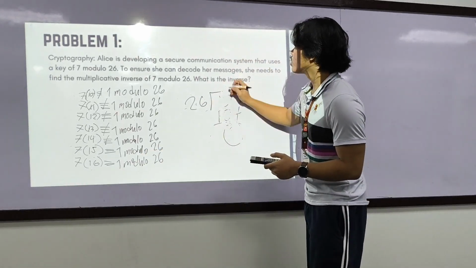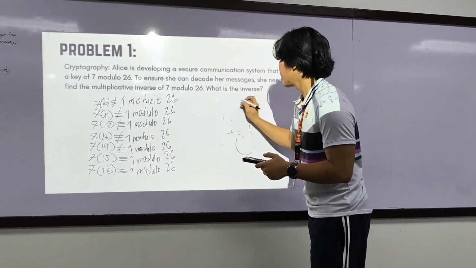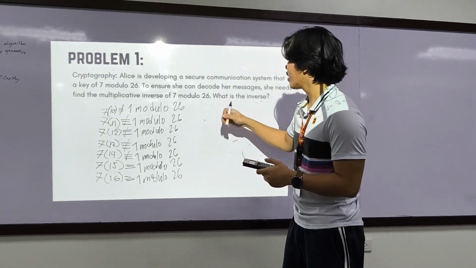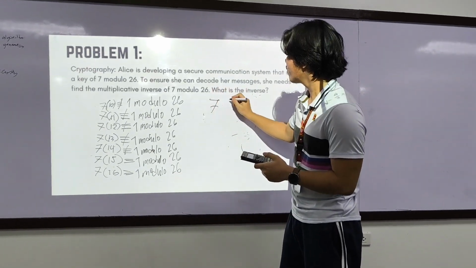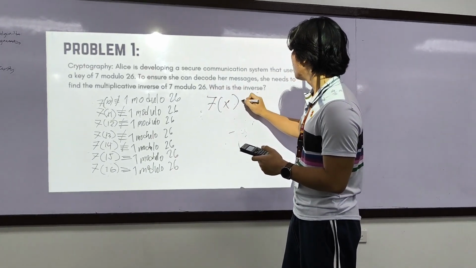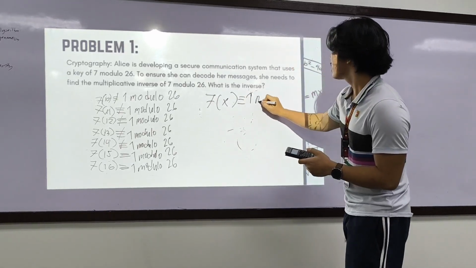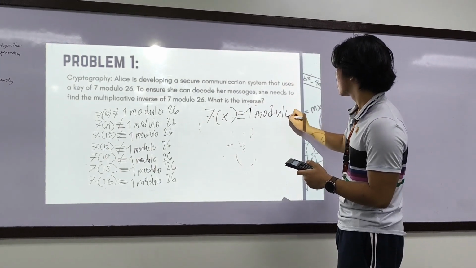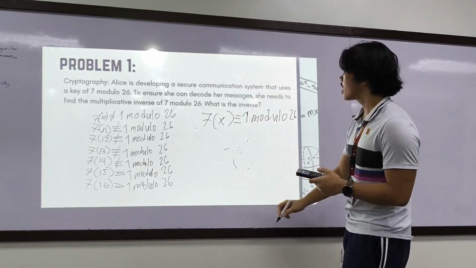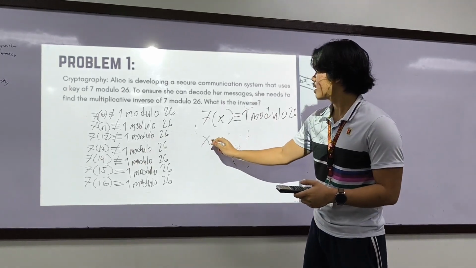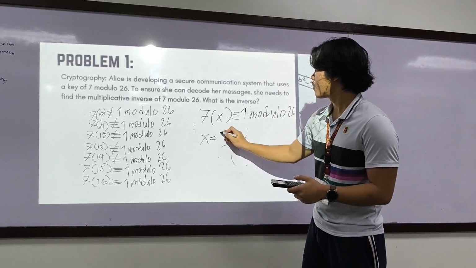So the multiplicative inverse of 7 modulo 26, we could now conclude that x is equal to 15.